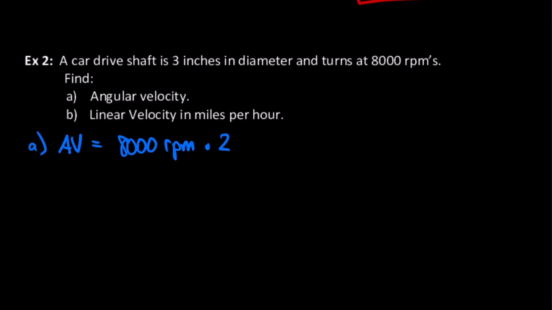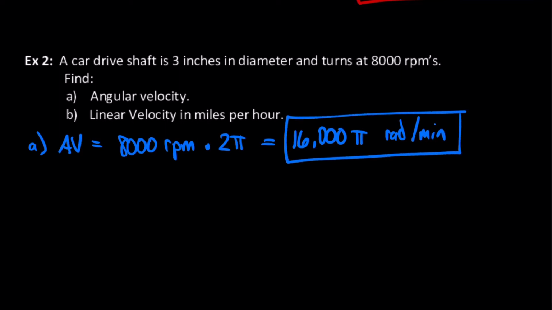I'll just multiply it by 2 pi. So 16,000 pi radians per minute. It's radians because I multiplied by 2 pi radians. I got lazy, I didn't write that down, but it should be radians. And we're turning at 8,000 RPM per minute. So it'll be radians per minute.